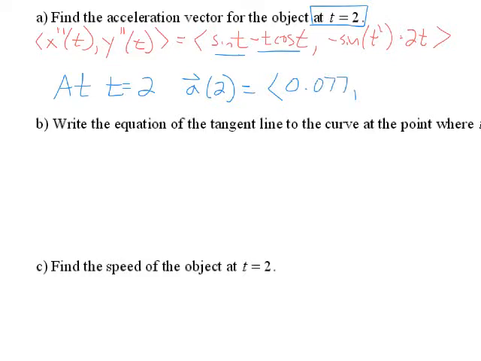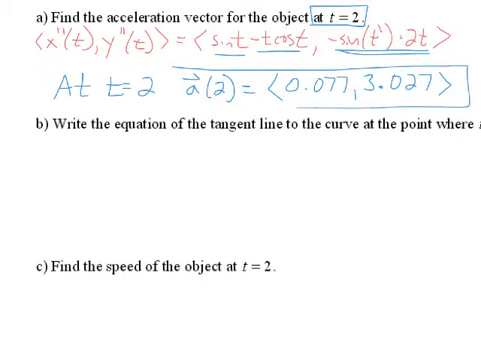Make sure your calculator is in radian mode. And then also we evaluate the y double prime, and y double prime comes to a value, if I entered it correctly, 3.027. So there's our acceleration at time 2. No integrals there, just derivatives.